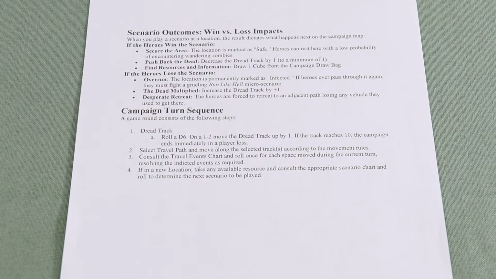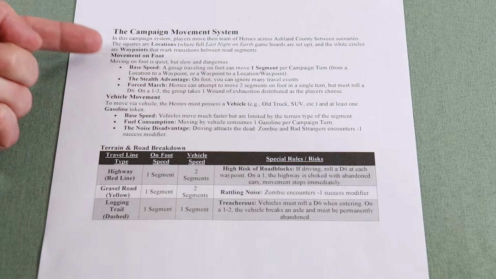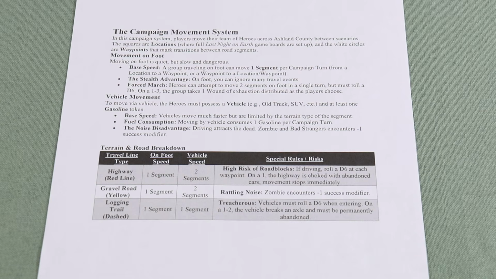Step 2 of the turn sequence is when we select a travel path and move along the selected track or tracks according to the movement rules. As I mentioned earlier in the video, the campaign movement system is very simple. We're either going to be on foot or in a vehicle.